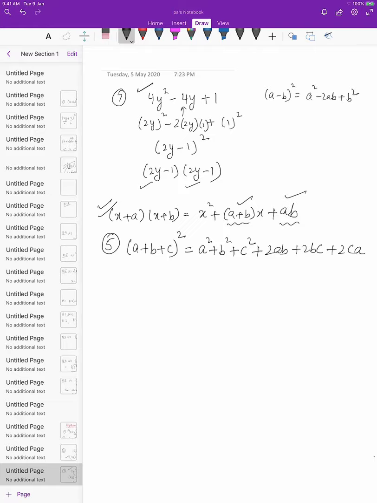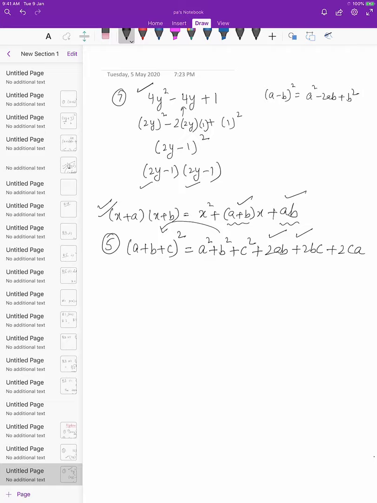So when you expand it, you will get this. If the expression is given in this form, a plus b plus c whole square, you can write the expanded form in the form of right hand side. If the expression is given in the right hand side form like this expression, you can shift it to a plus b plus c whole square, which is the factorized form.